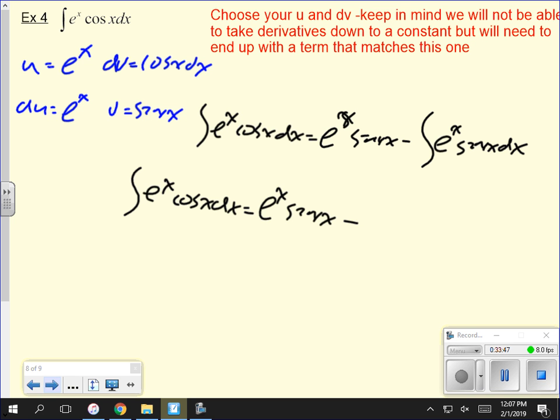And actually, you've already done half of the uv substitution, right? Because you can still use the same u, because the u is still the same, e to the x. The only thing that's changed on the second time around is that you still have u is e to the x, so du is e to the x. Now you have dv is equal to sine of x dx, so v is equal to negative cosine x.